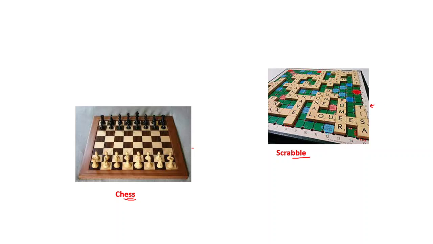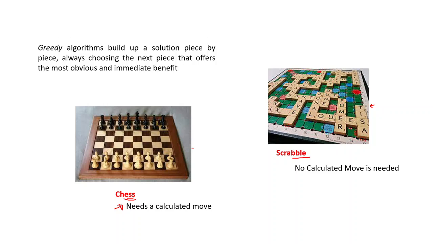In chess, in each of your turns, the kind of move you take will determine if you will win or lose the game. So you may say that chess needs a very calculated move, whereas in case of Scrabble, you don't really need a calculated move to win. So the problems where a calculated move is needed to solve the game can be solved using a greedy approach.